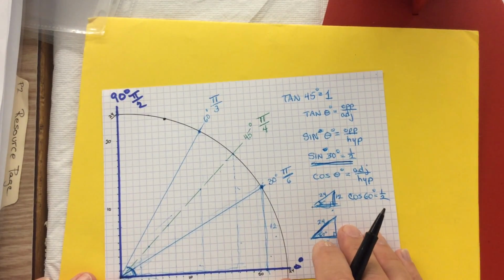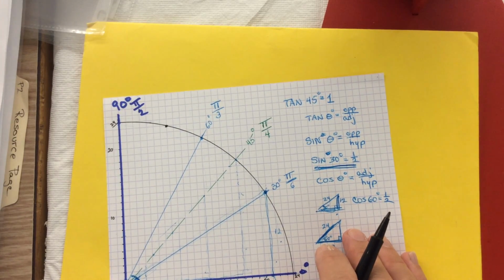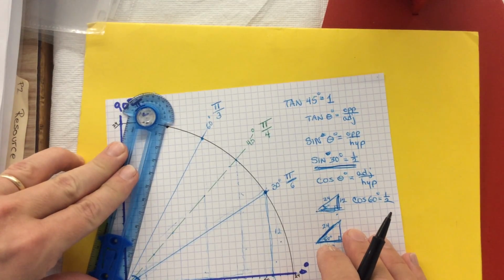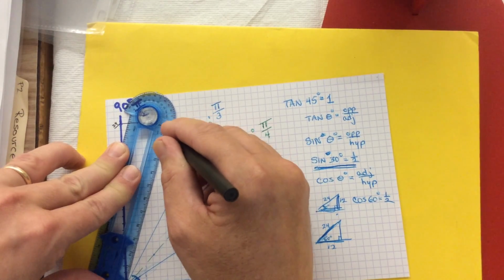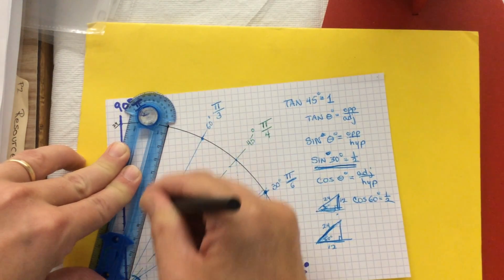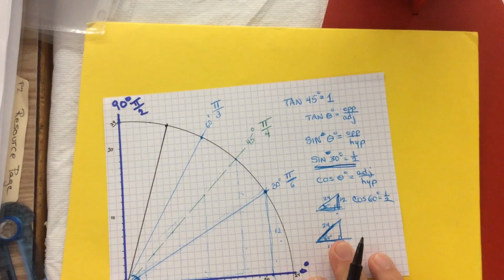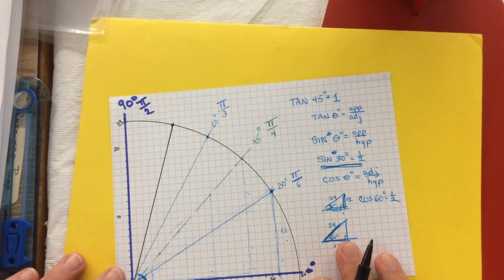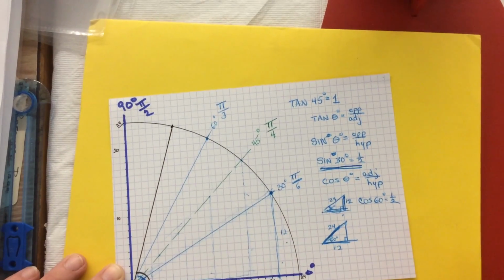And now let's say that I'm looking at this right here. You with me? And I want to know, what degree measure is this? Well, I should be able to figure it out.